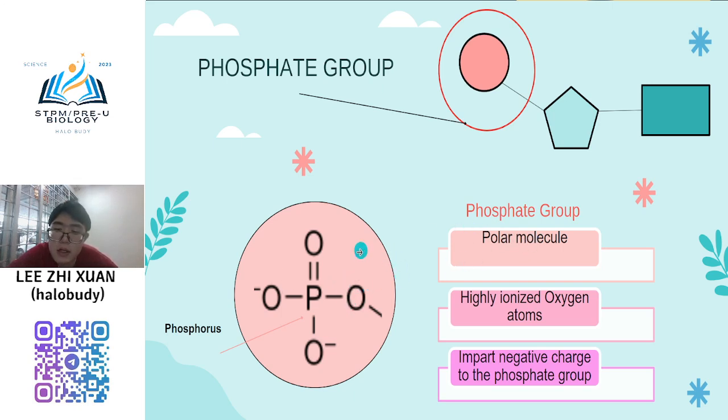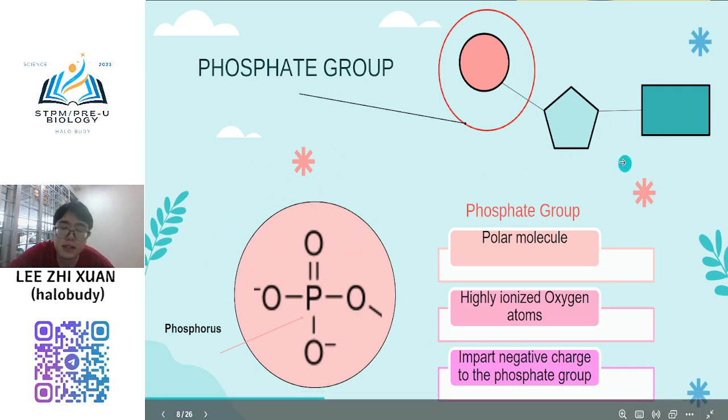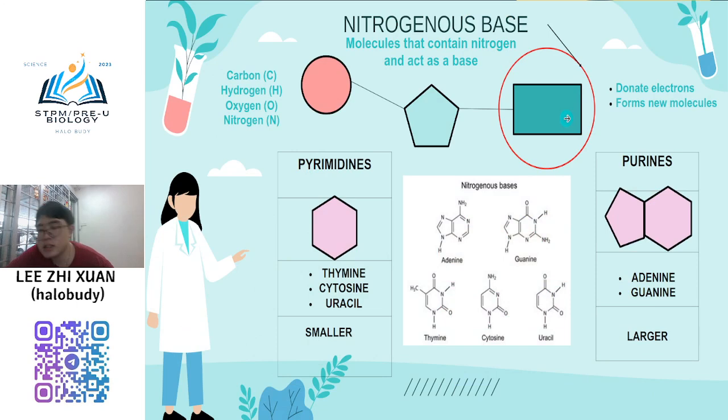It bonds with carbon number 5 of the pentose sugar. This is a highly polar molecule, with highly ionized oxygen atoms that provide the negative charge to the phosphate group.